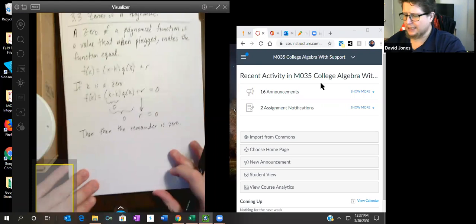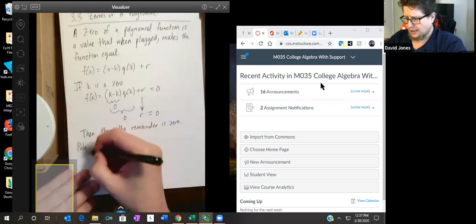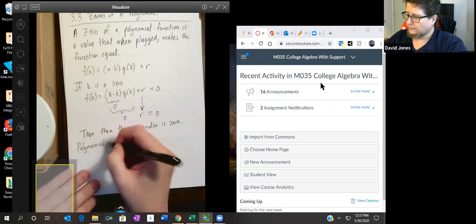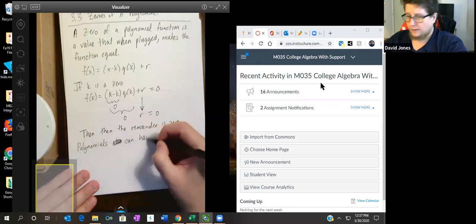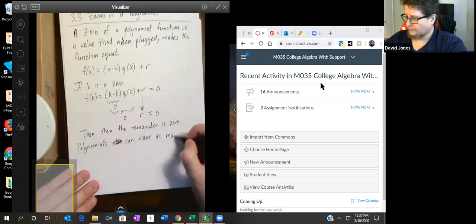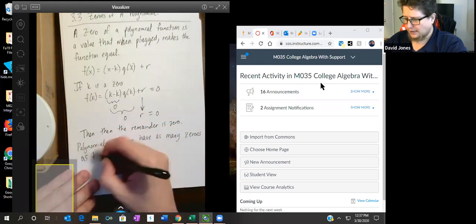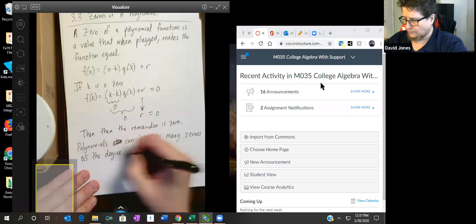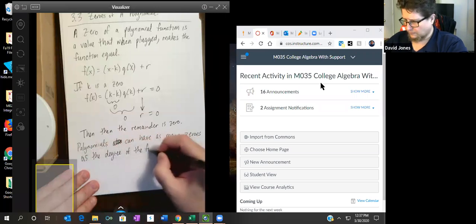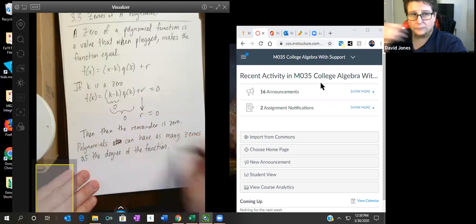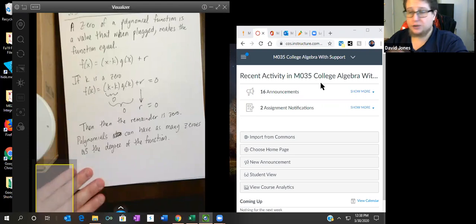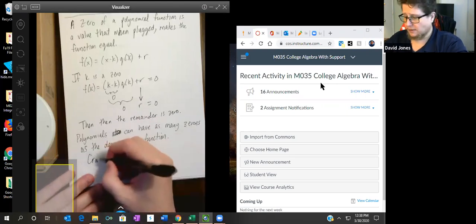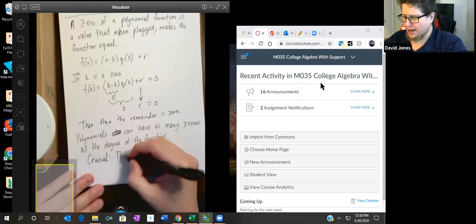Polynomials can have as many zeros as the degree of the function. It's important to note, it's very, very important, this is crucial. They are not necessarily real.